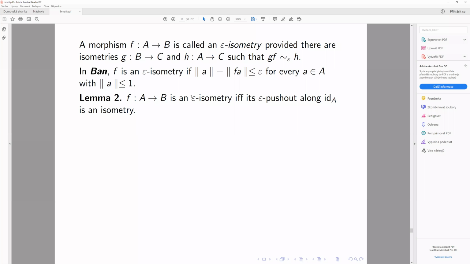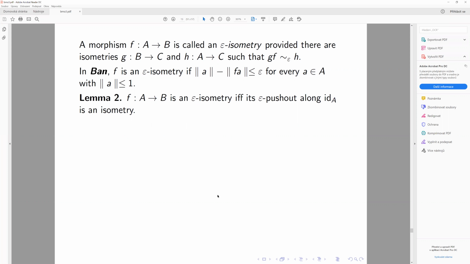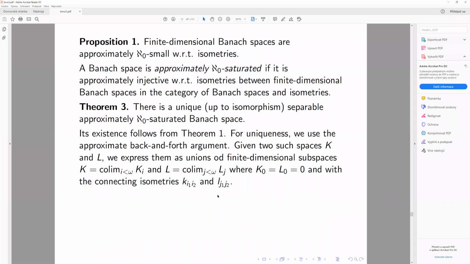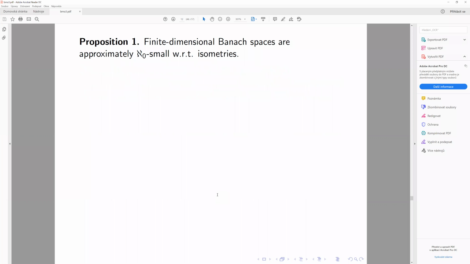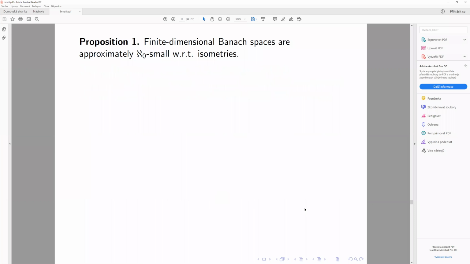So in some sense, having an epsilon isometry, you can, by epsilon push out, improve it to an isometry. And now, finite dimensional Banach spaces are closed under epsilon push outs. This was this description here. Yes, because if these two things are finite dimensional, then also this is finite dimensional. Only I change the norm. There are many non-equivalent norms on finite dimensional spaces.